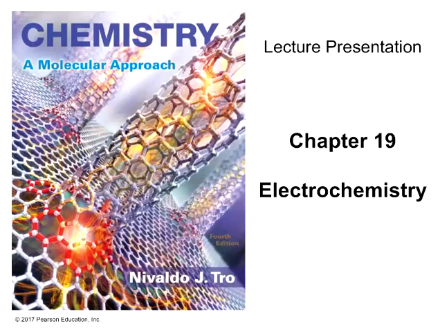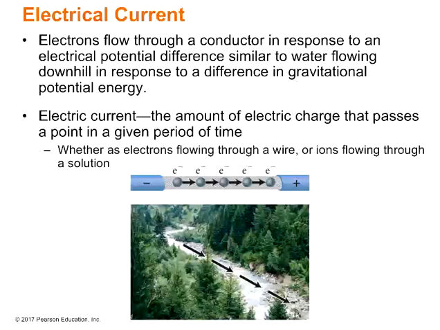Now, today we're going to shift gears a little bit, and we're going to focus more on the transfer of electrons and how we can use that in devices such as batteries. So, electrons flow through a conductor in response to an electrical potential difference.